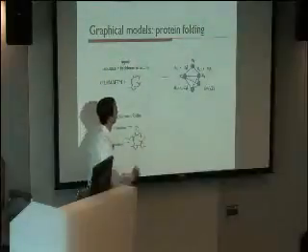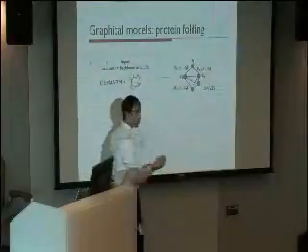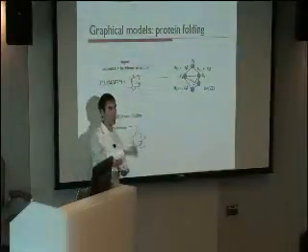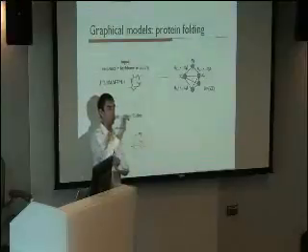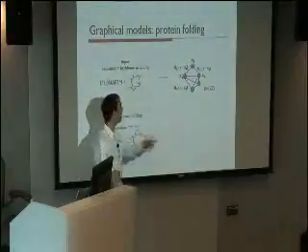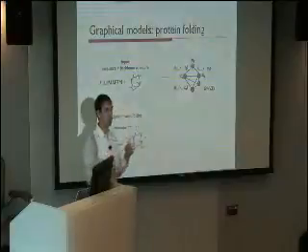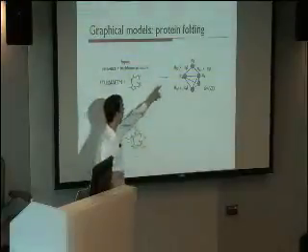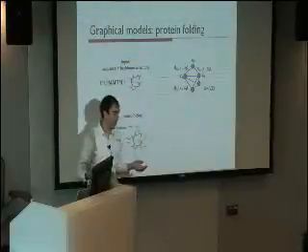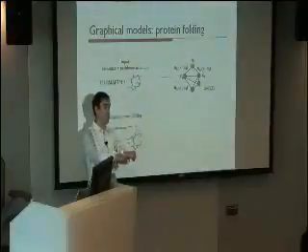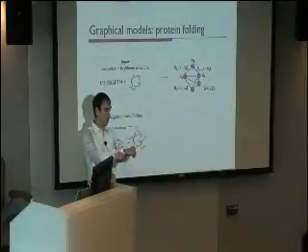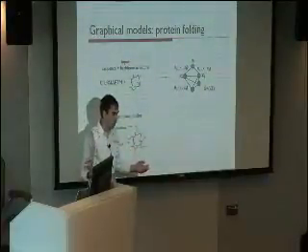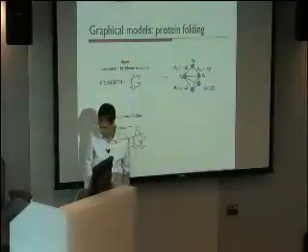For example, x1 will refer to a discretized state, some particular angle that a sidechain is in, and x3 refers to another angle of the other sidechain. This potential function would be negative infinity if these two sidechains were ever overlapping, touching each other, which is not physically realizable. But as they get close, you would have a very strong repulsive function.